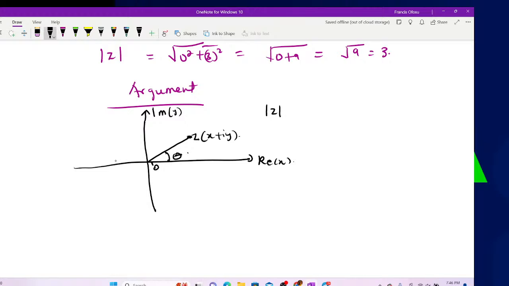So in the Argand diagram, a complex number is fully defined by its distance from the origin as well as the angle it is making with the positive x-axis. So meaning that this complex number z has this length from here to here, as well as it has been moved away from the x-axis by the angle theta.